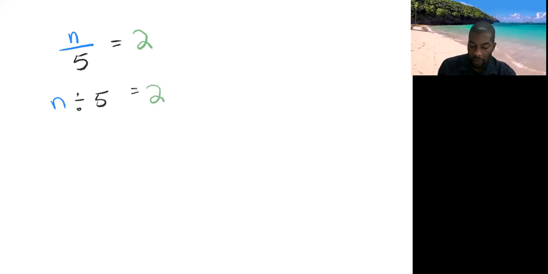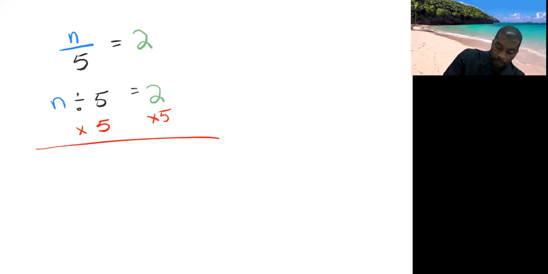I know that I have a division problem here. So to find out what the variable is, I need to just simply do the inverse, which is multiply. And what am I multiplying? I'm multiplying to get the n by itself, right? So I multiply by 5 on this side, and I multiply by 5 on this side.